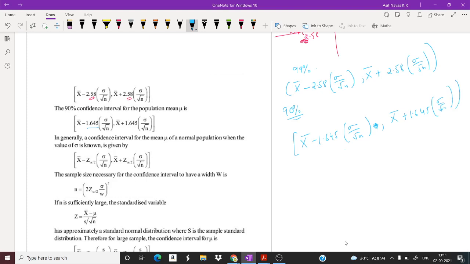So similarly, you can find any percentage, 80% confidence interval, 96% confidence interval. Similarly, you can find this value and make an interval.